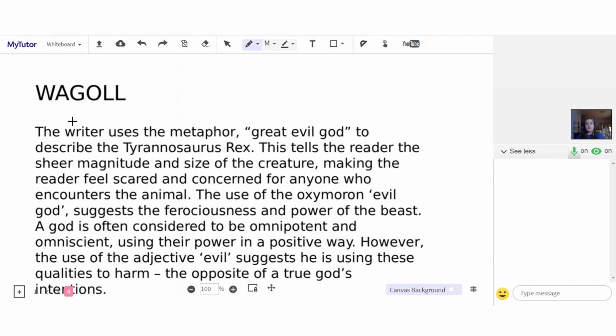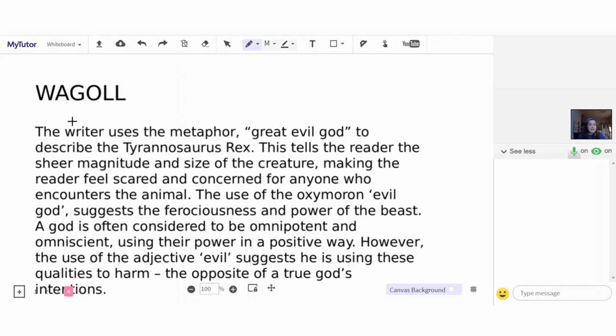A god is often considered to be omnipotent and omniscient. That means all-powerful and all-knowing, using their power in a positive way. However, the use of the adjective "evil", again I'm using another piece of terminology, suggests that he is using these qualities to harm, the opposite of a true God's intention.